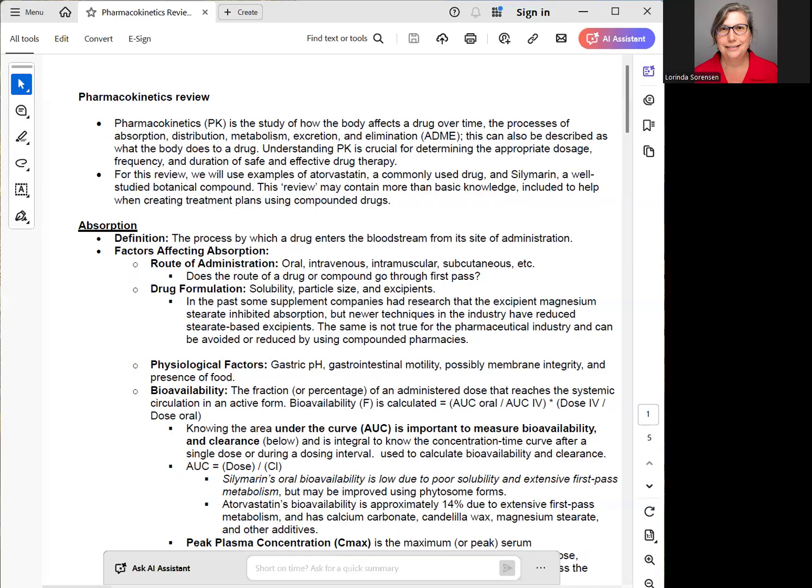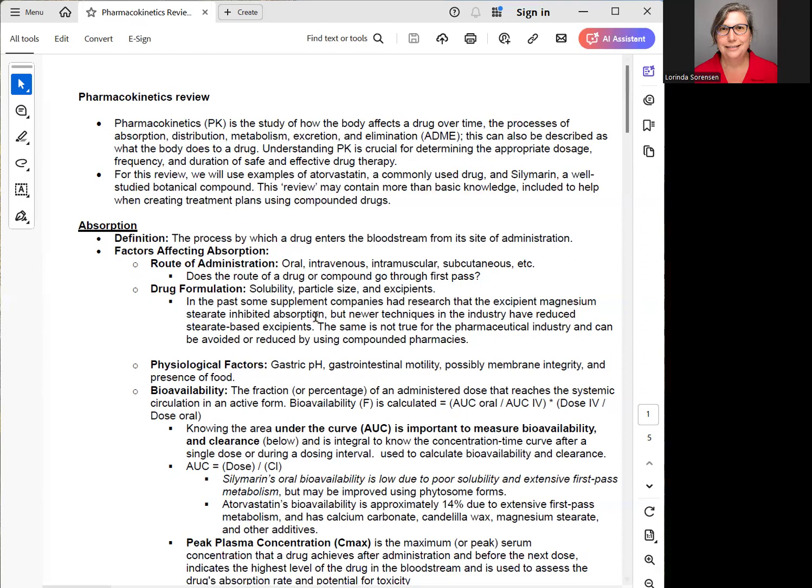So recall that we need to have something absorbed. So the route of administration matters for this. The route of administration for both of these is oral, PO, which does impact bioavailability because they both have to go through the liver and first pass of the liver.